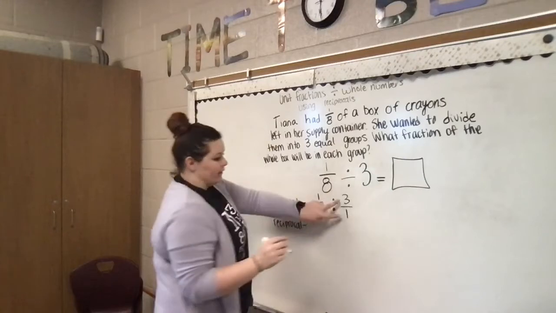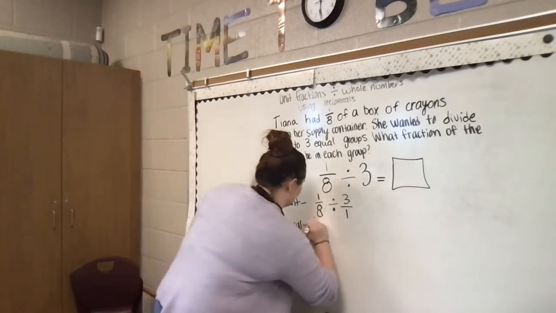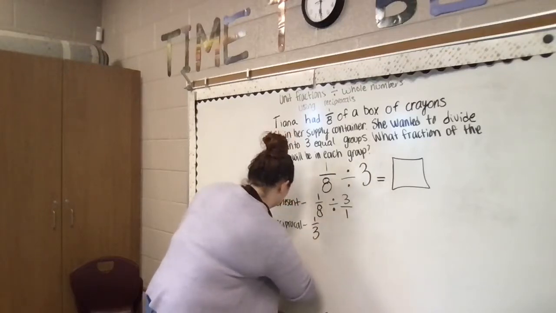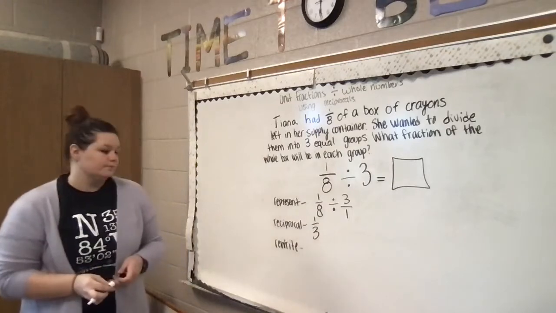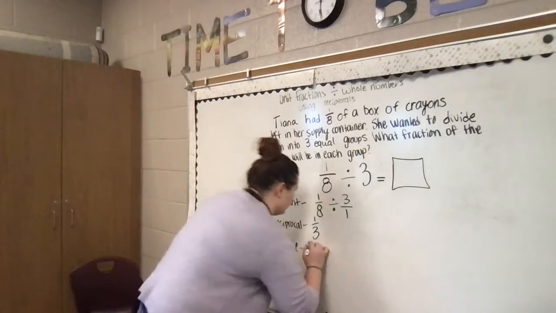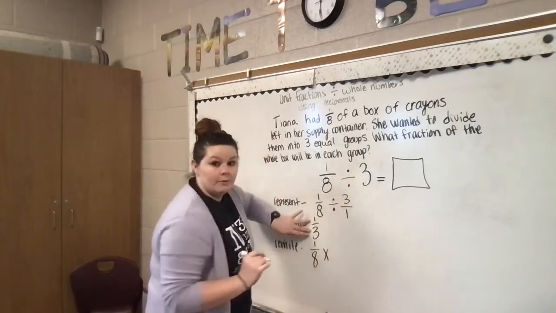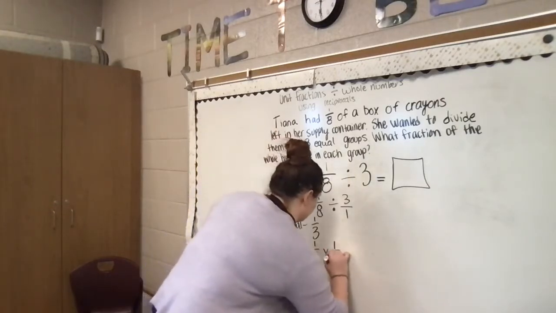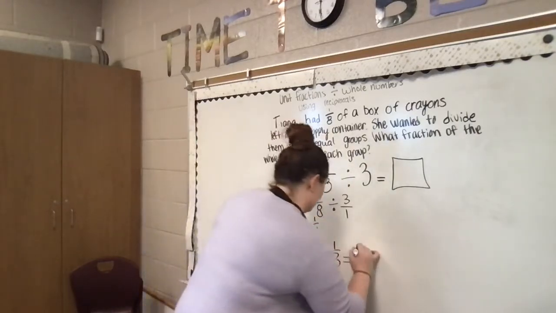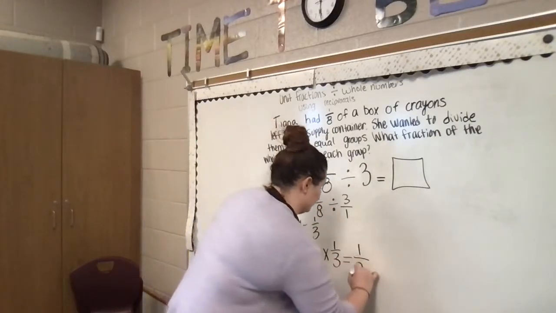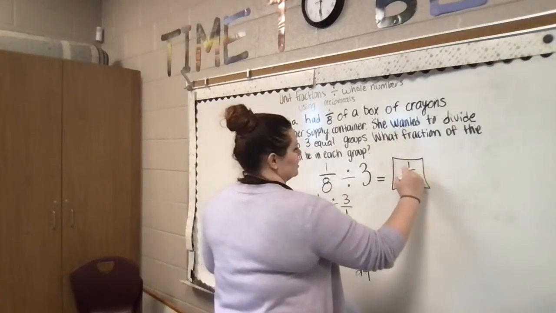We can find that reciprocal by just flipping the fraction. So the reciprocal of 3 over 1 is 1/3. Then we're going to rewrite this whole thing as a multiplication equation. We're going to keep our 1/8. We're going to multiply it by the reciprocal that we found, 1/3. And that's going to get us our answer. 1 times 1 is 1. 8 times 3 is 24. So 1/24 is our answer.